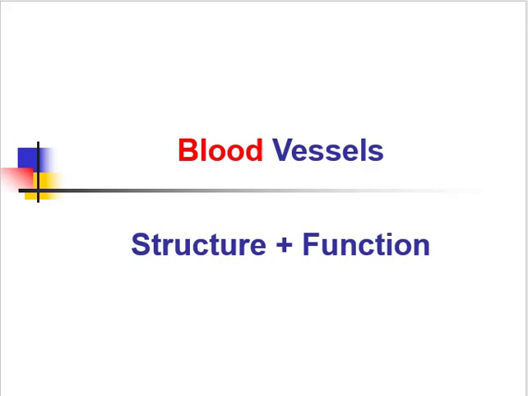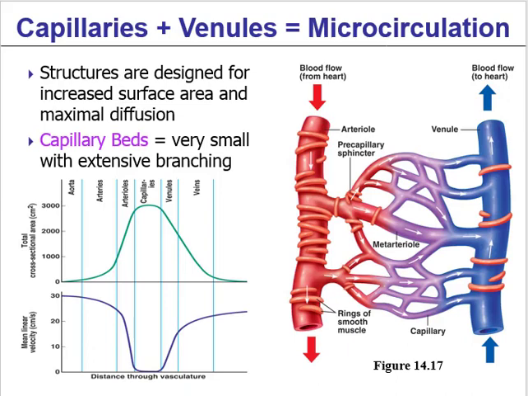Okay, so let's look at some other structural features that add function to these different blood vessels. Let's go back and look at our connection from arterioles to venules to the capillary beds. In this diagram of microcirculation, you see a lot of branching and surface area.